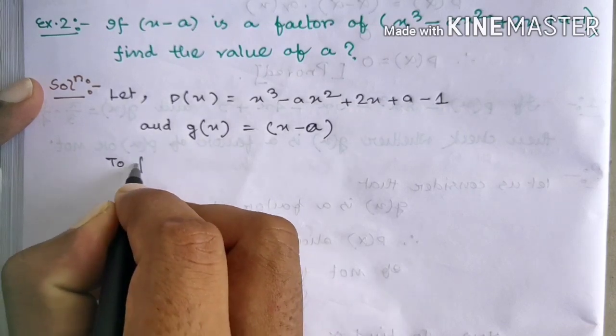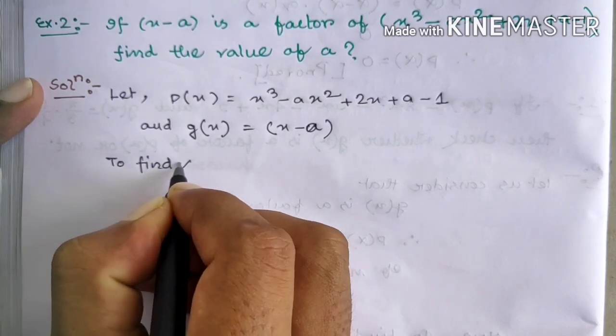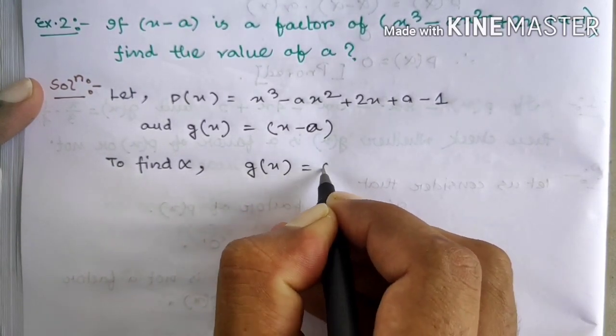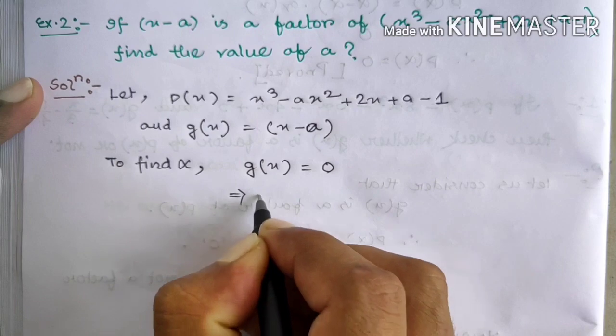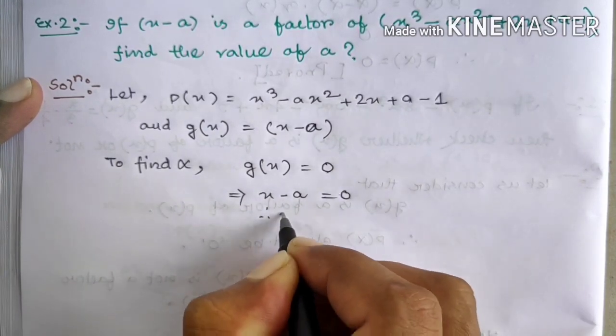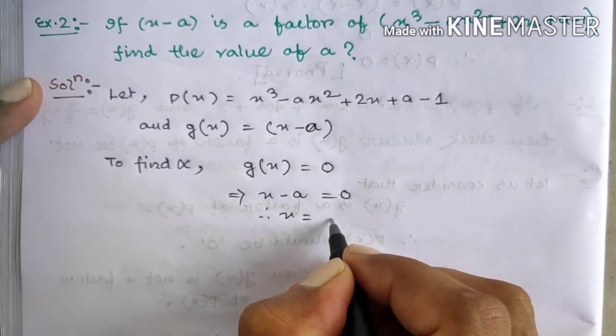Now to find alpha, we must set g of x equal to 0, which implies x minus a equal to 0. Therefore, x equal to a.